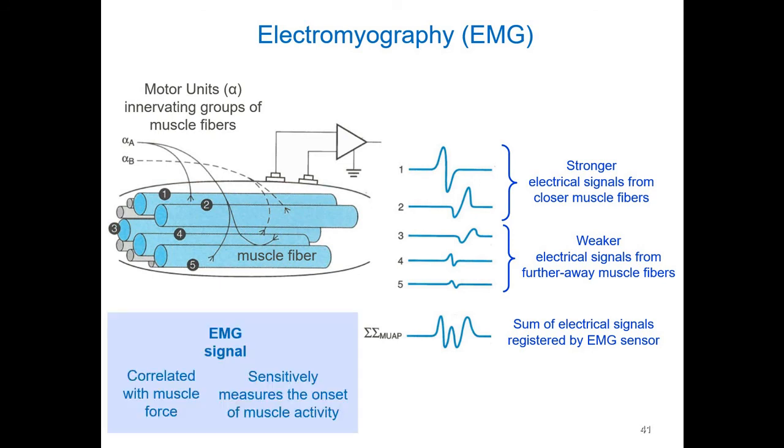So, knowing these limitations, what does an EMG signal tell you? The signal is going to be related to active contractile force generation. But the EMG sensor is only measuring part of the activity in the muscle. This means that while the measure is correlated with muscle force, it's often not a reliable measure of muscle force.